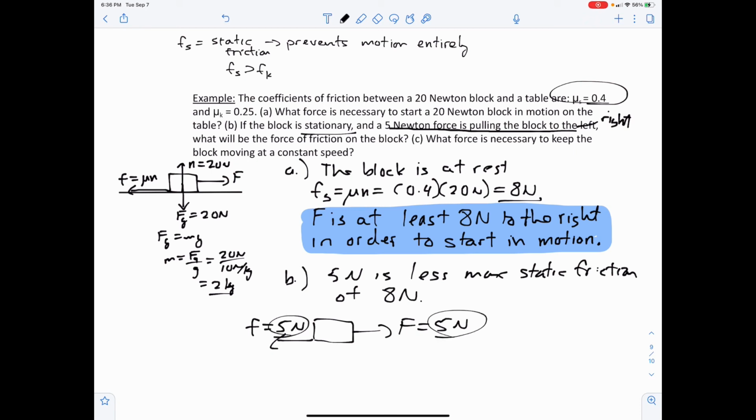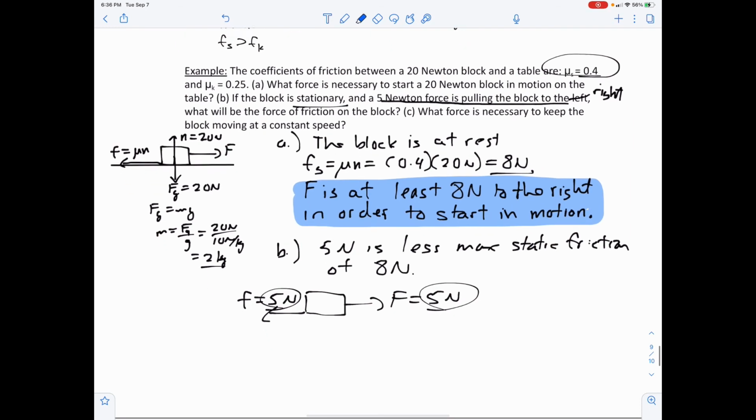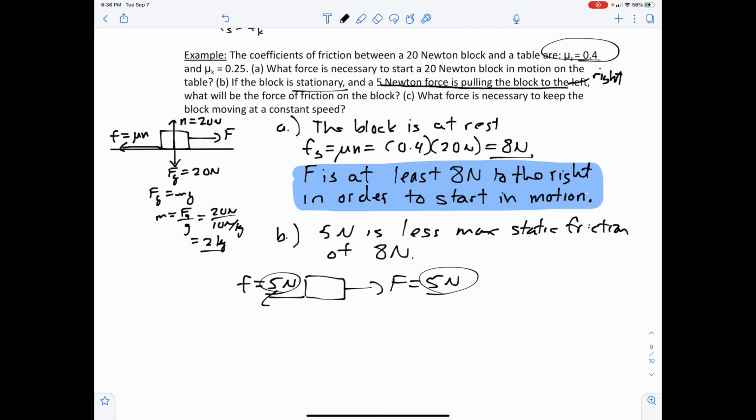You have to balance in order for the block to not accelerate. So 8 newtons was the maximum static friction, but you can have values of static friction that are less than the maximum depending on how much less force you're pulling with. So F equals little f, which are 5 newtons.